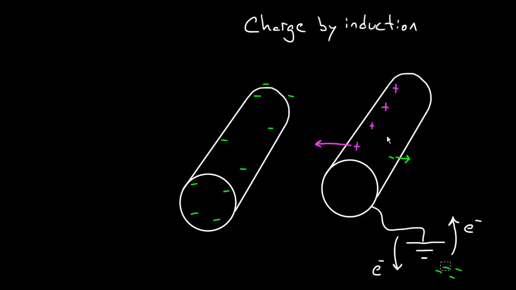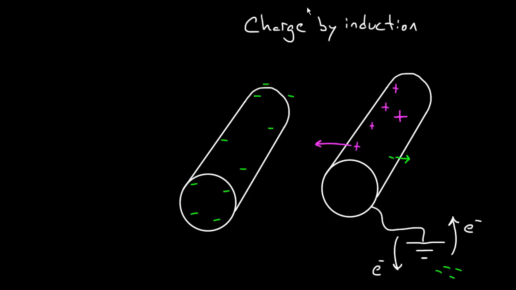They won't all leave. You're not going to get left with no electrons in here. There's going to be some electrons in there. But some of the electrons will leave, which means this rod, which used to be uncharged, now has a net amount of positive charge in it. So I've charged this rod without even touching it because I let those negative electrons leave.